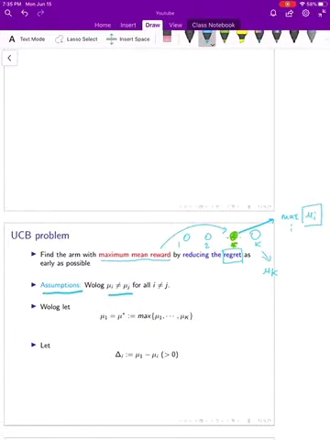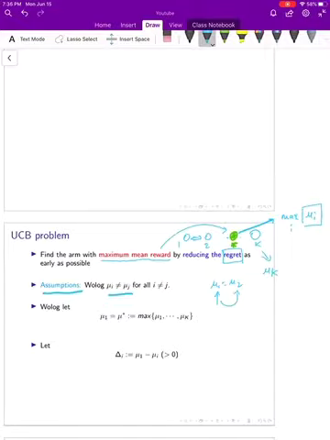This is simply because if two arms have equal means, let's say mu_1 is equal to mu_2, then there is no better incentive to pull arm 1 when compared to arm 2. Pulling both arms produces the same result. So that is the reason for this assumption.